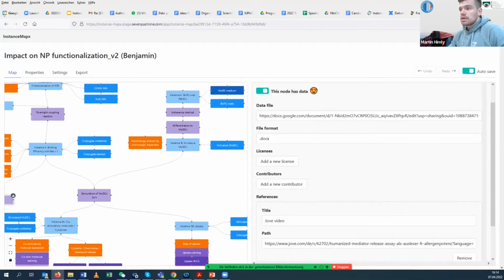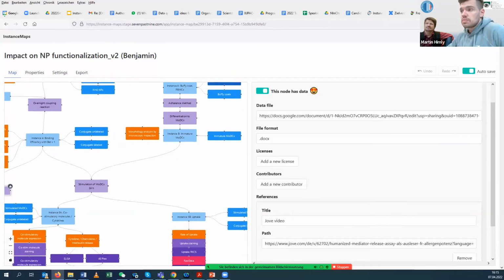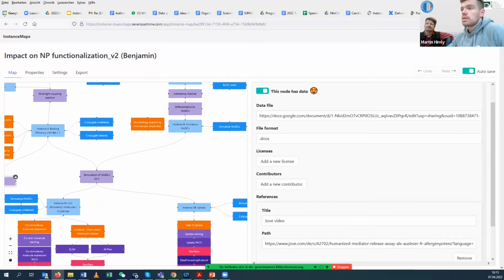And there are a lot of protocols involved in turning the PBMCs, the monocytes, into dendritic cells. So a lot of SOPs can later on be added here.